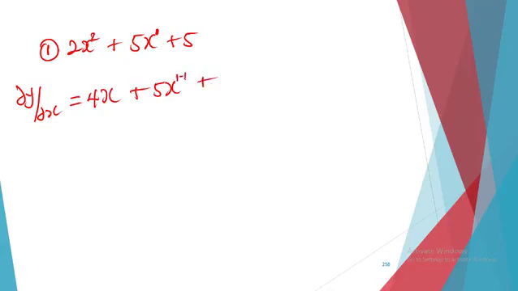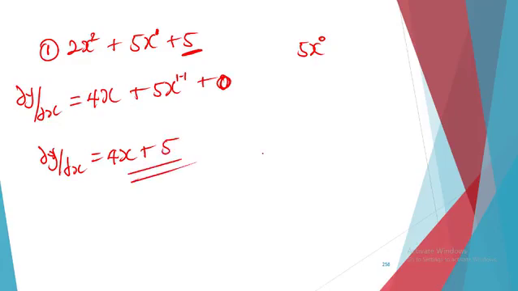And the derivative of a constant is equal to 0. So 5 is 0. We then have dy over dx to be equal to 4x plus 5x raised to power 0, since anything raised to power 0 is 1. So 5 times 1 will give us 5, and that's our answer.